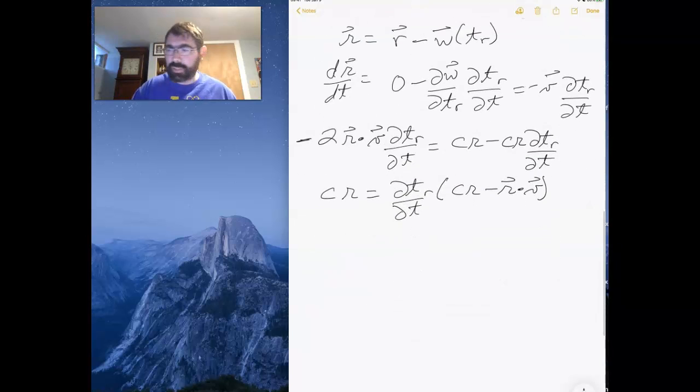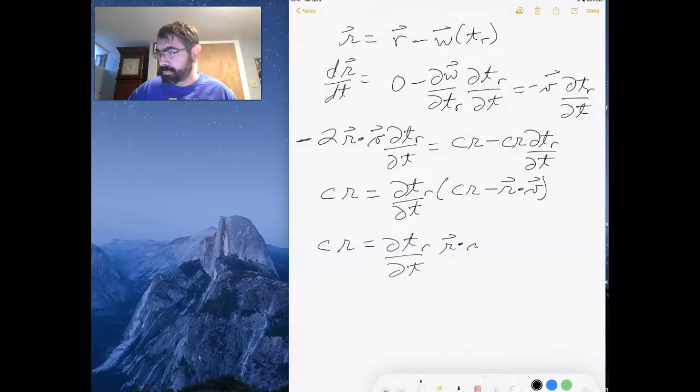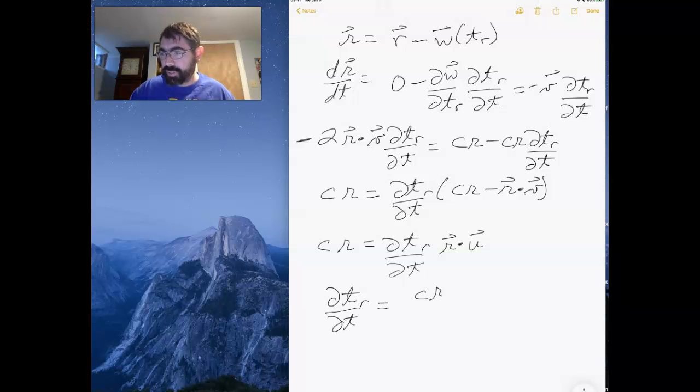So I can now rewrite this as c minus r dot v over r, like that. And that's the term that we're looking for in our equation for the electric field. So in the end, dt_r/dt is c over r dot u, like so.